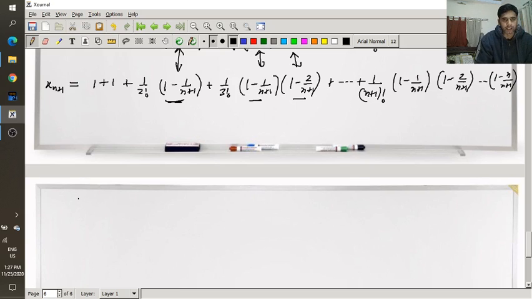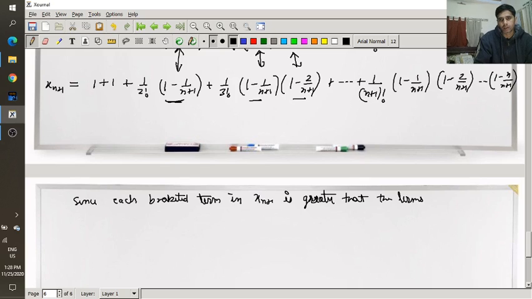So here I will write, since each bracketed term in xn plus 1 is greater than the terms in xn, this result holds for all n.